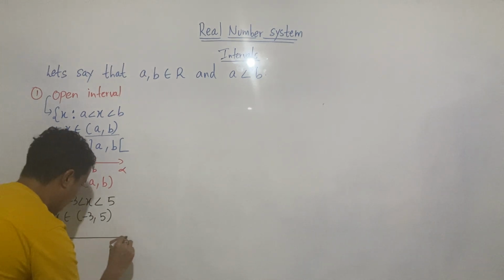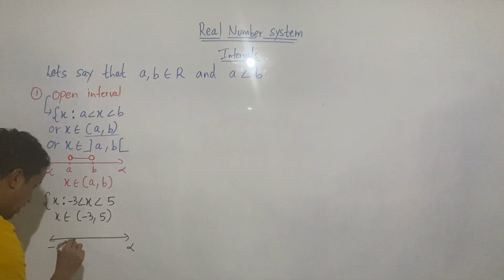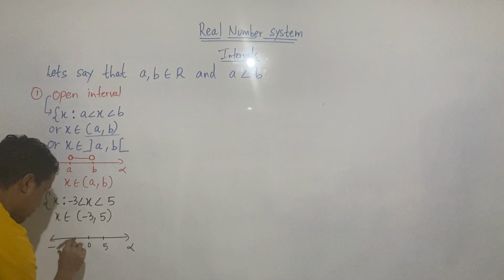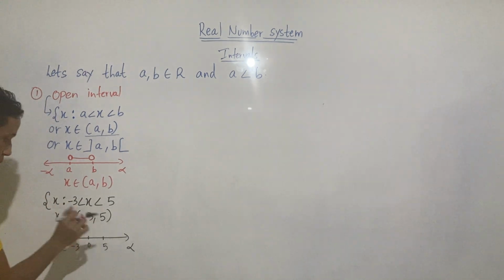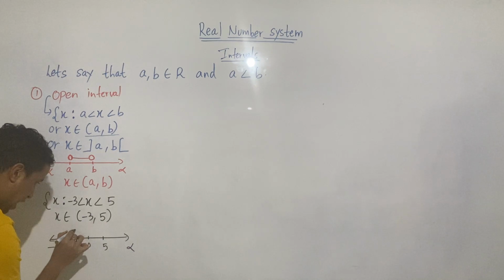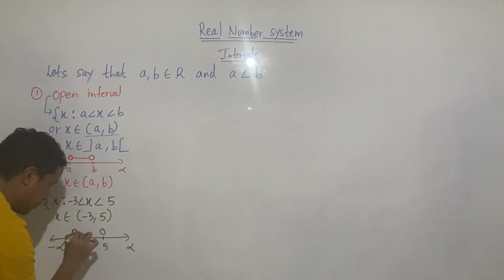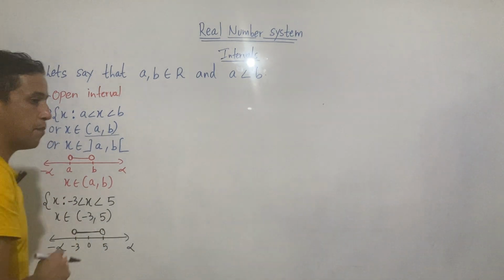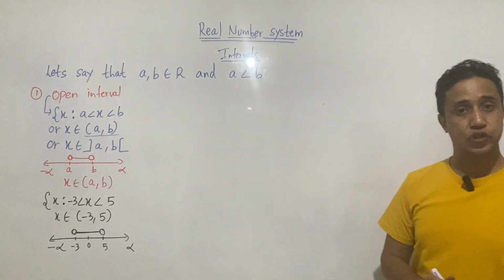So if I draw a number line, minus infinity to infinity, here 0, here 5, here minus 3. Now minus 3 to 5 is an open interval, so I have to represent it with hollow dots. I hope this is clear to you.